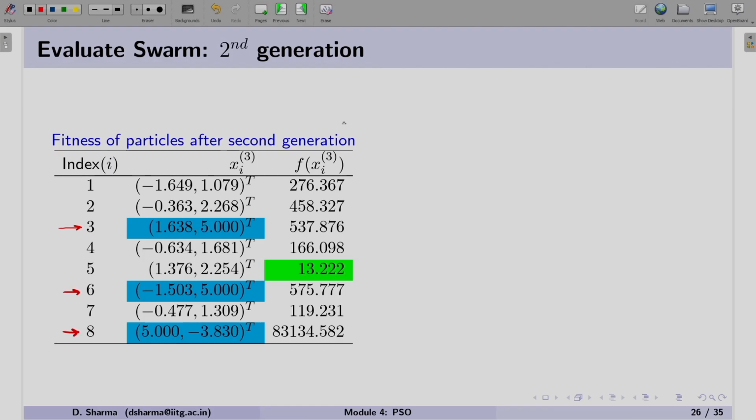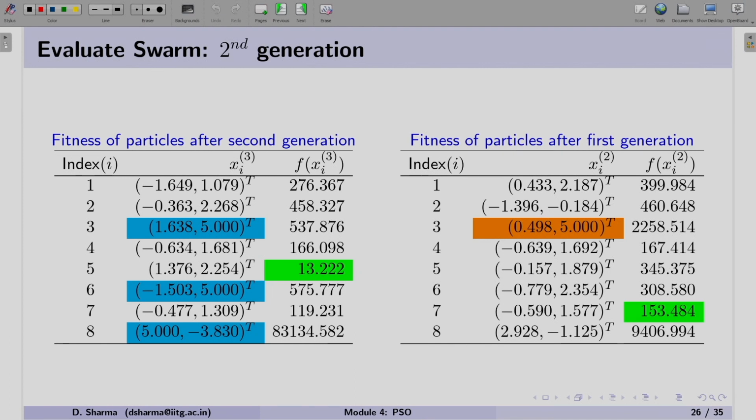Now, looking at the third column, it says that when we have updated the particle positions and find their fitness, the fitness has been improved to 13.22. If we compare this with the previous generation, on the right hand side you can see that the best fitness we got was 153, but in generation number 2 we get the best fitness as 13.222.